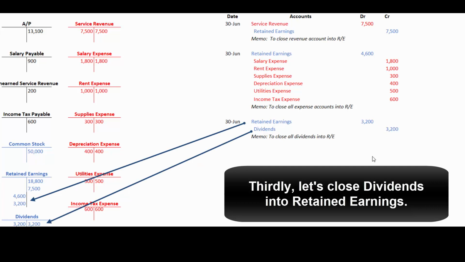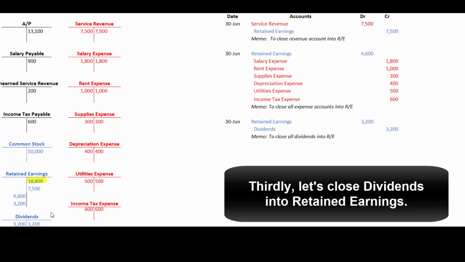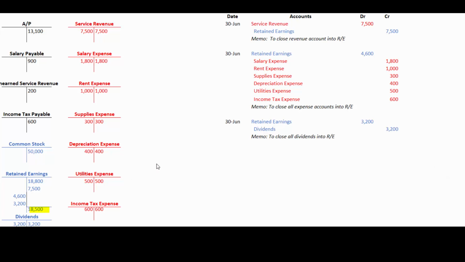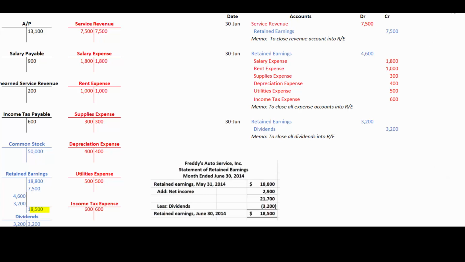When we post that journal entry, we see that dividends has been zeroed out, and in retained earnings, we have retained earnings at the beginning, plus net income, which is our revenue and our expenses, minus dividends, gives us our retained earnings at the end, gives us our balance in retained earnings of $18,500. And if you remember our statement of retained earnings, that's what we told the world the balance would be in retained earnings at the end of June 2014.